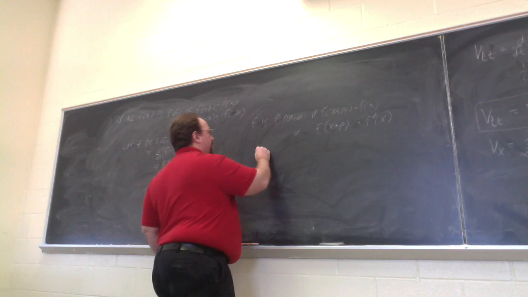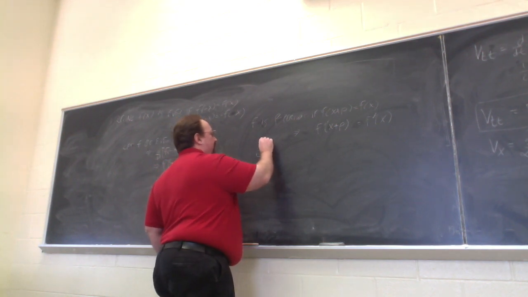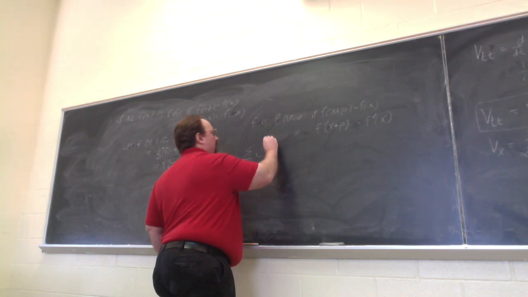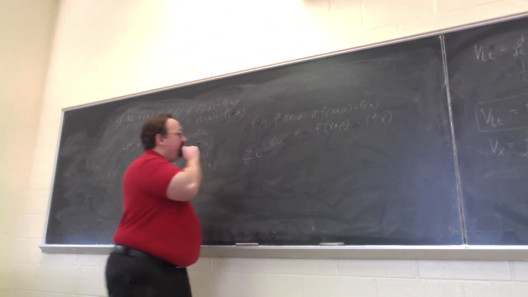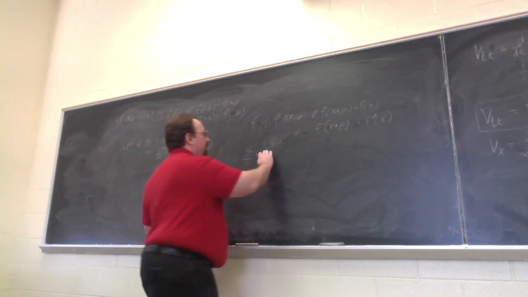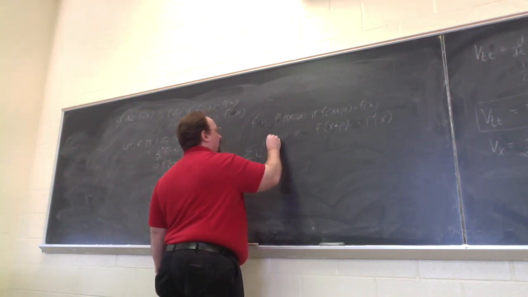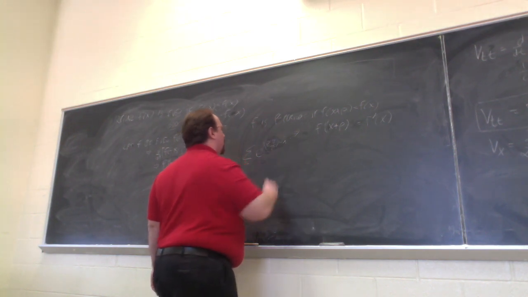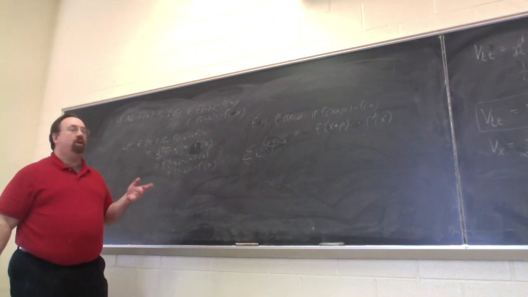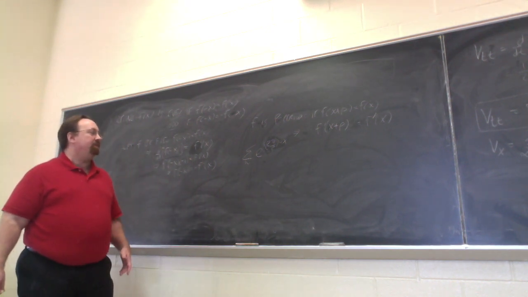Because a periodic function can be expressed as a sum of exponentials of this form where omega is an integer. So what happens when you differentiate that?